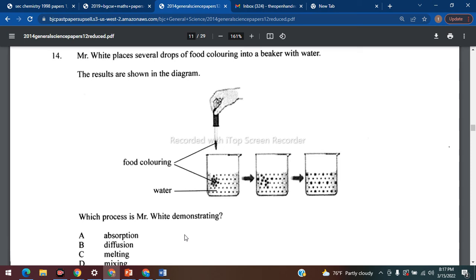That's why we're here to learn. So diffusion is when substances from a high concentration spread until eventually everything is at equilibrium, evenly spread out. And so this is diffusion.